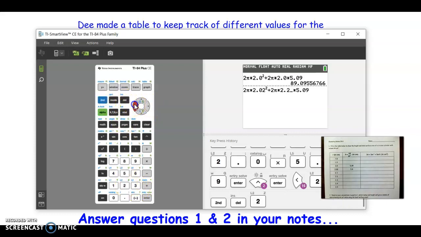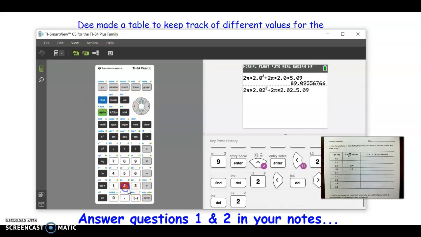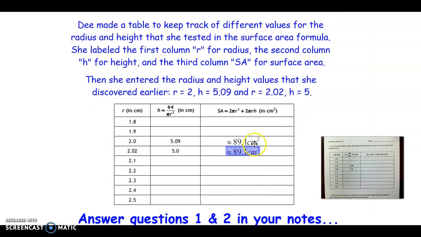Oops, I entered it in the wrong place. How about here? Our height is just 5.0, so I'm going to delete that 9 at the end. Rounded to the nearest tenth, we get 89.1 again for this one. Okay, so you can go ahead and fill that in on your notes for both of those surface areas, 89.1 square centimeters for both.